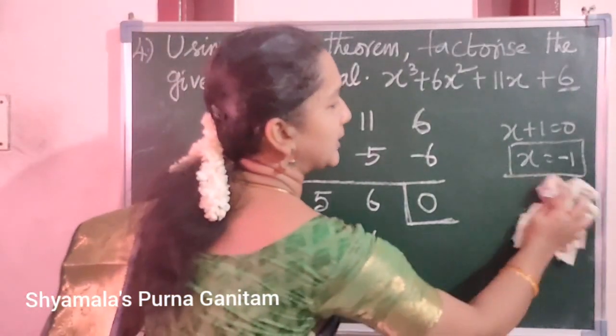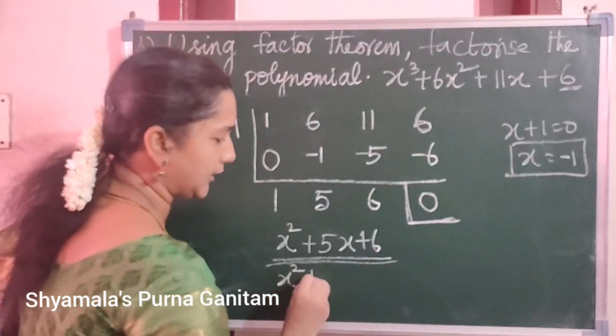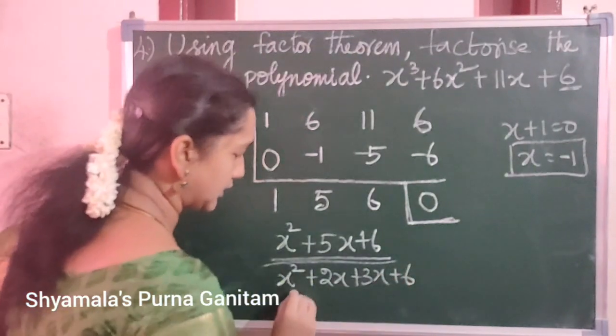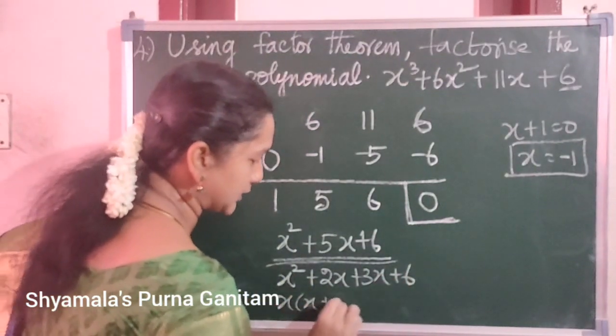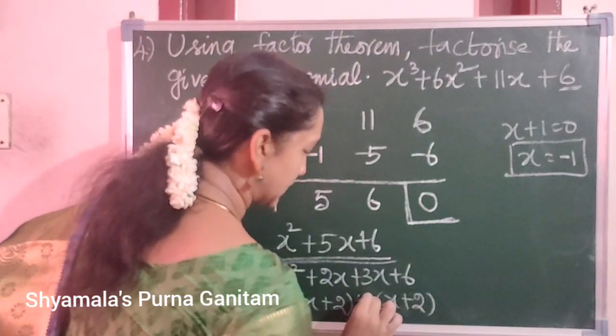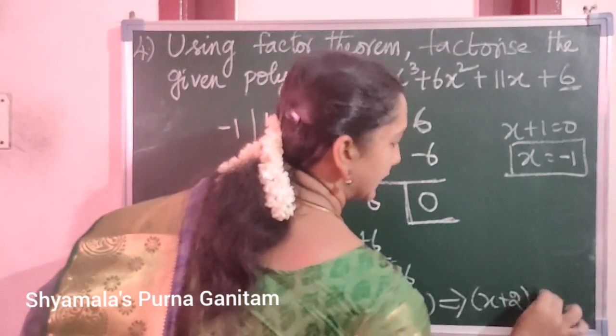So after this, by splitting the middle term, you have to find the answer. That is simple. So x squared plus 2x plus 3x plus 6. So this one is x into x plus 2. Then x plus 2 if you take, balance will be plus 3. So the answer is x plus 2 and x plus 3.